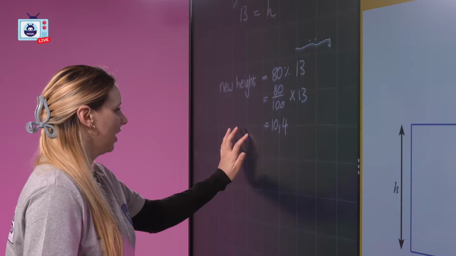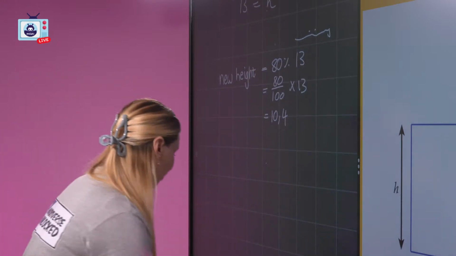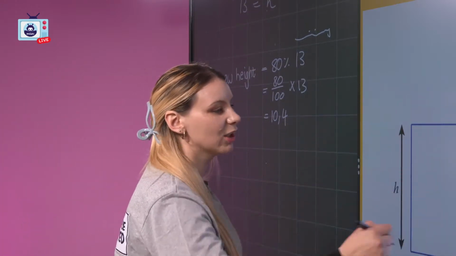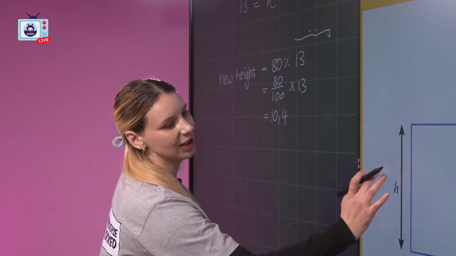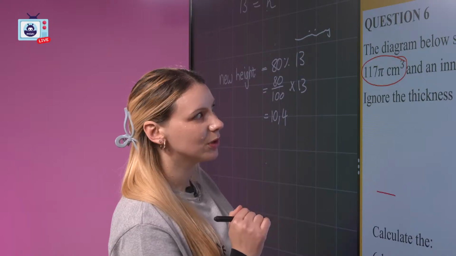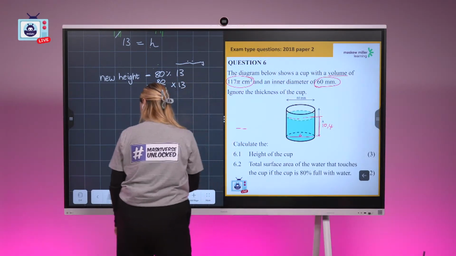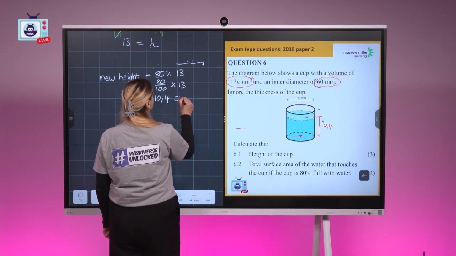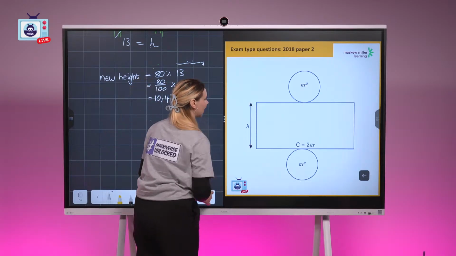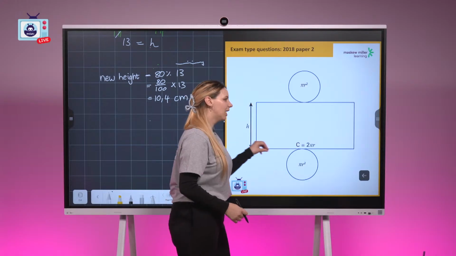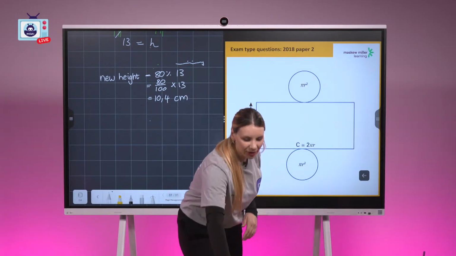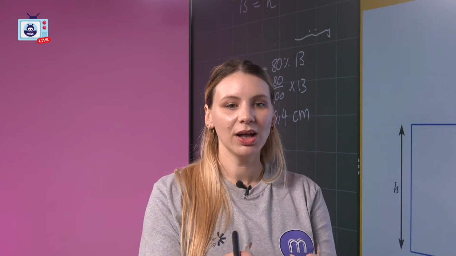So let us get our area of our rectangle, which will be length times breadth. We have our height. Our height is in, I forgot the unit of measurement. We changed millimeters to centimeters, so it is in centimeters. Right, this is our height, and this will be our length of our rectangle. Remember, it is our length.